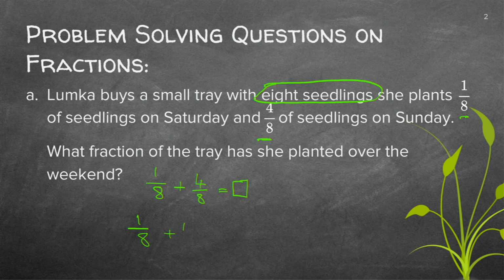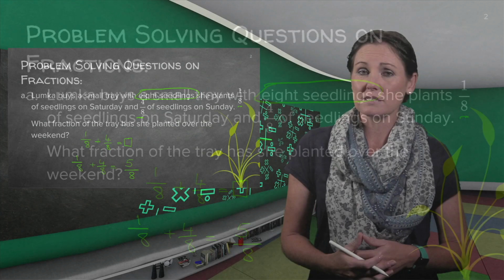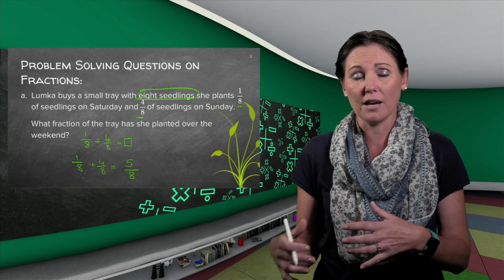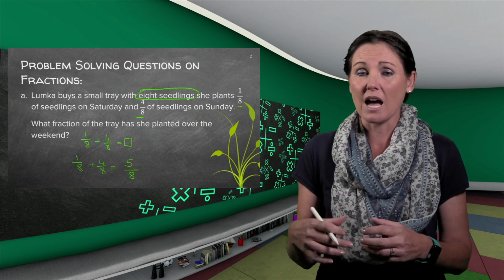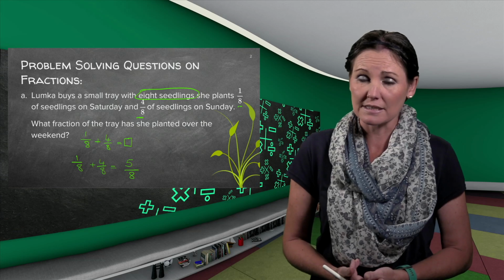1/8 plus 4/8 will be equal. What stays the same? Yes, my denominator. It is the same, both are 8s. And now I can add my numerators. 1 plus 4 equals 5/8. And when I've got a problem in a sentence, I have to write the answer in a sentence as well.